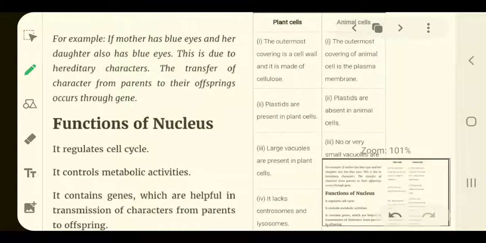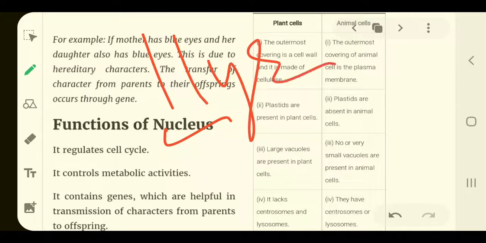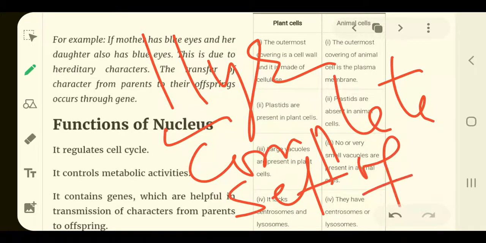Then we have some functions of the nucleus. Write it down. Number one, it regulates the cell cycle, because as the cell is born, it lives and the cell dies off. I have told you in the last tutorial, after every 11 years your body gets a complete set of new cells. Write it down.